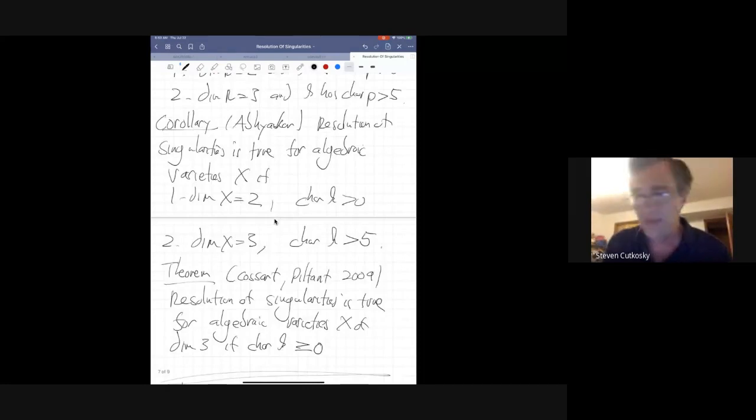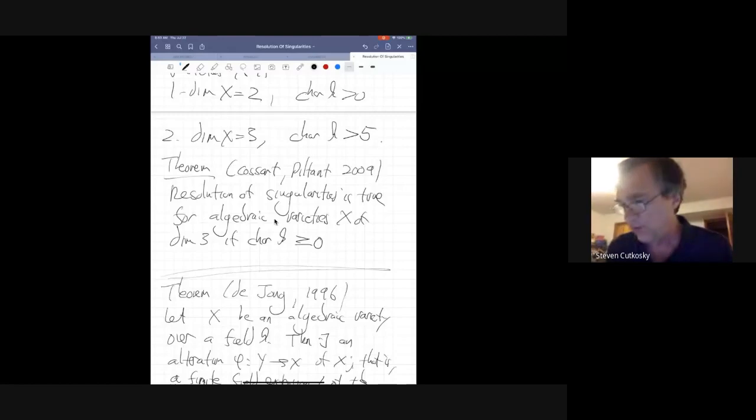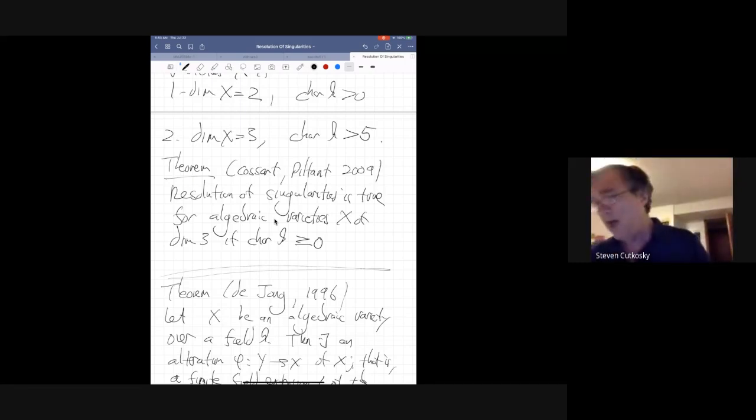Just like Abhyankar did for surfaces, they reduced to the case of an Artin-Schreier extension. And then they had some incredibly long, involved proof of the Artin-Schreier extension. Even for surfaces this was a hard case, but it's just out of this world for Cossart and Piltant. This is a couple of 100 pages.